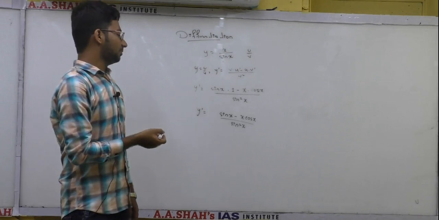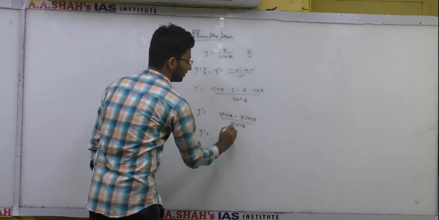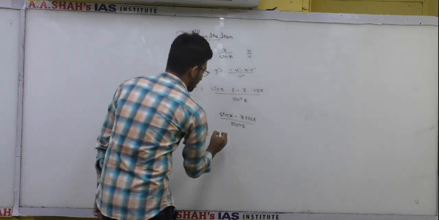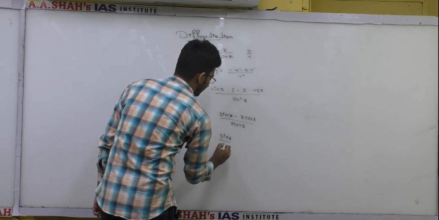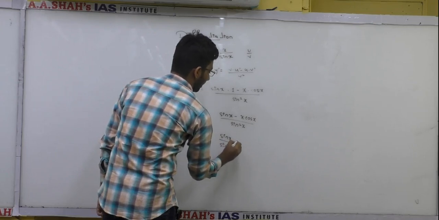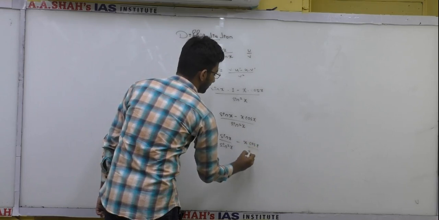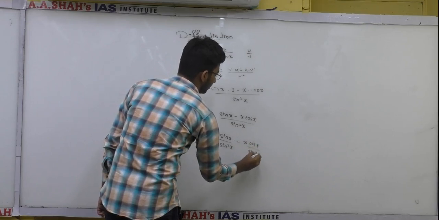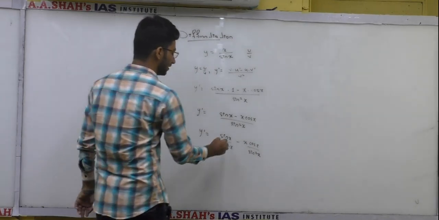Now if you can simplify further, then go for it. I know I can do further because first I am separating the denominator. So sin x upon sin square x, minus x cos x upon sin square x. Now here I can see there are two sin and there is one, so one sin will get cancelled.